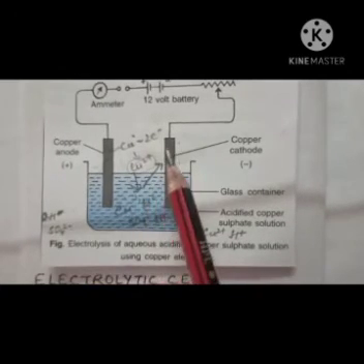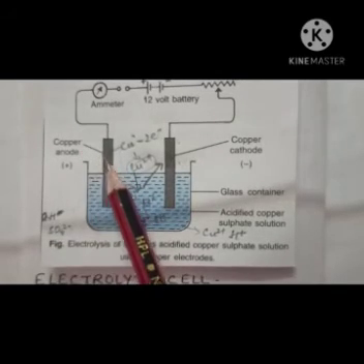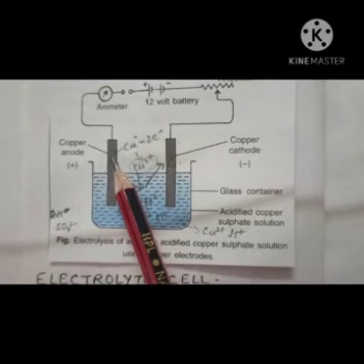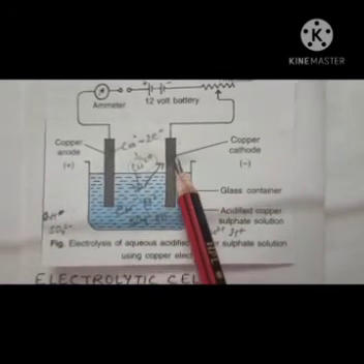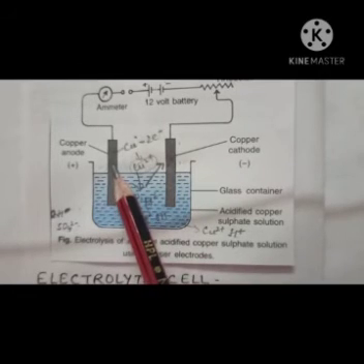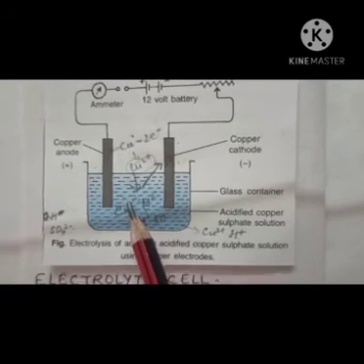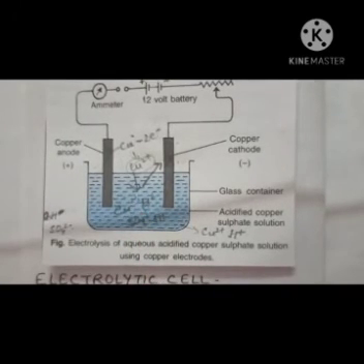But if you are using platinum electrode in place of this copper anode, then the reaction here at cathode will be the same, but at anode the reaction will be different, right? And the color of the electrolyte will also fade away. Why?